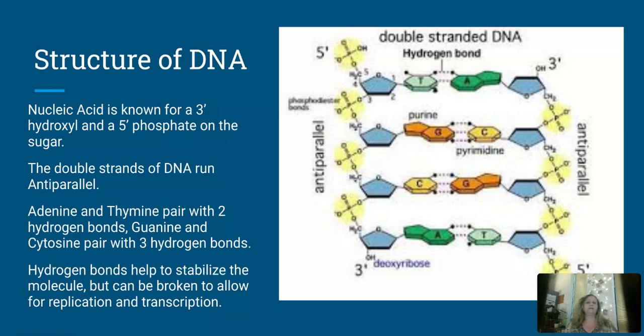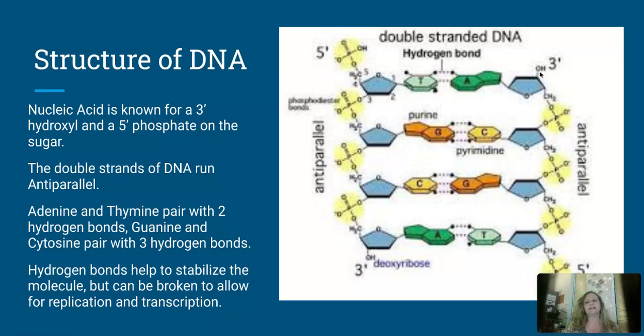So when we look at the double-stranded DNA, the 5 prime to 3 prime on one side pairs across to a 3 prime to 5 prime on the other. This means that the strands run anti-parallel to one another. So when we start 5 prime here and run to 3 prime, on the other side, we'll start at a 3 prime carbon and we'll run to a 5 prime.